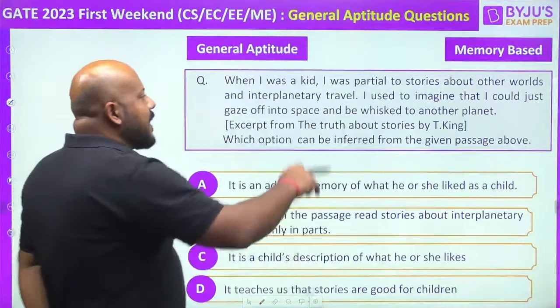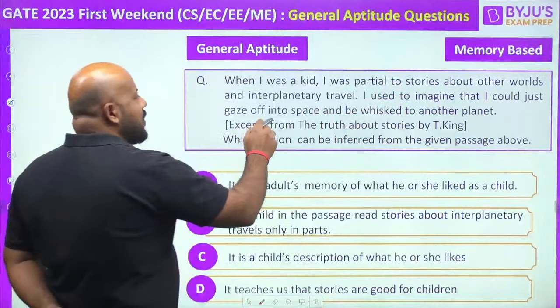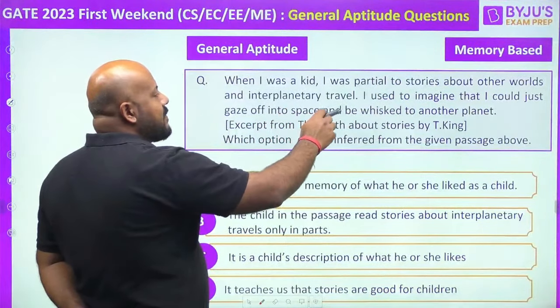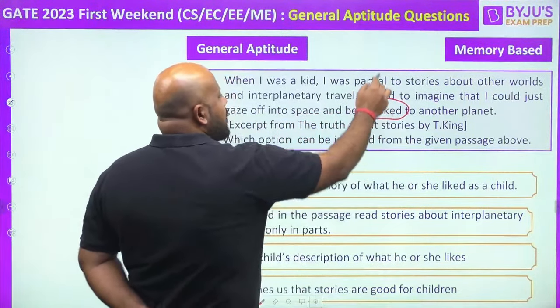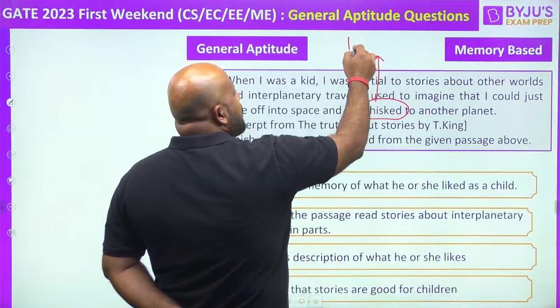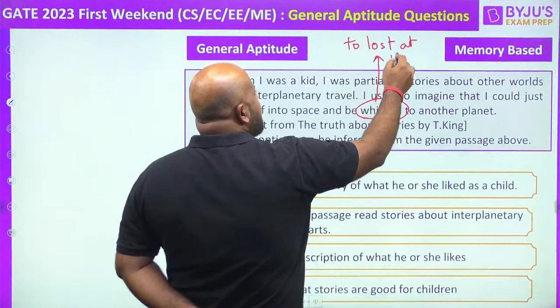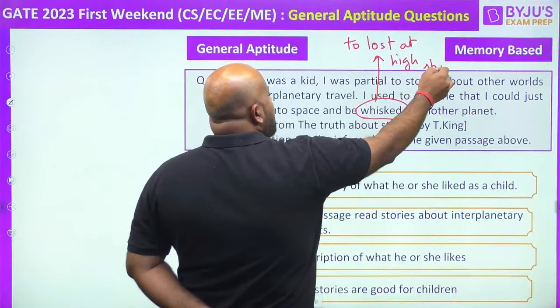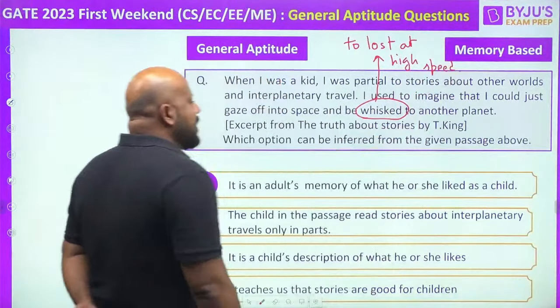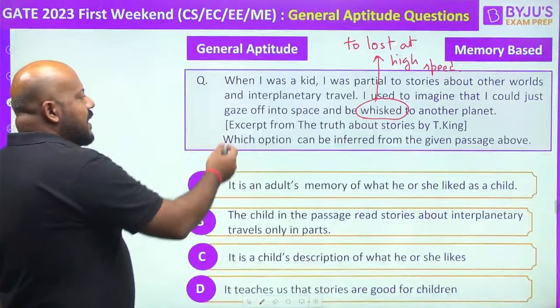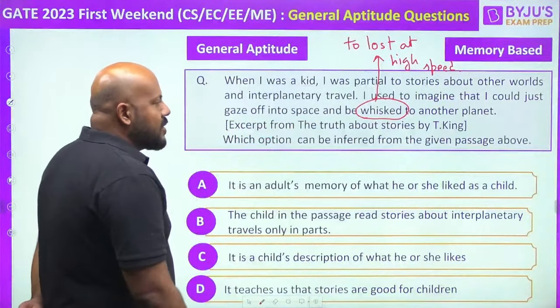I used to imagine that I could just gaze off into space and be whizzed, whizzed means lost at high speed, to another planet. Now this is the excerpt from The Truth About Stories by T. King.